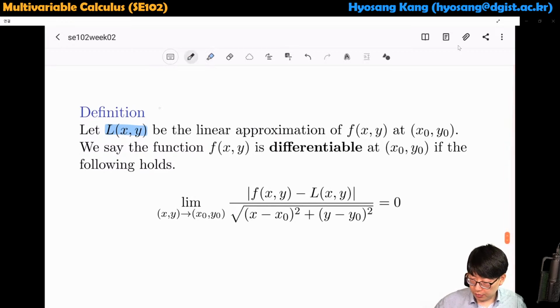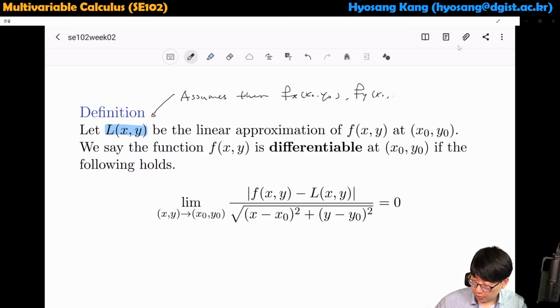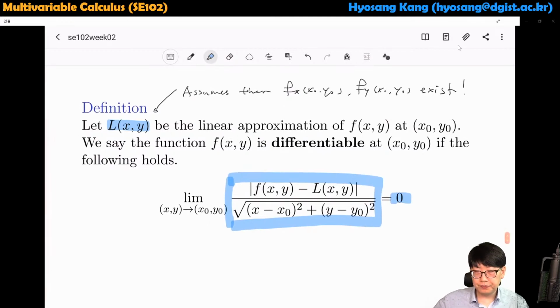It assumes that fx(x0,y0) and fy(x0,y0) exist. So having a linear approximation a priori assumes that there are partial derivatives at (x0,y0), and we say a function is differentiable at that point if the following holds: if the limit of this ratio becomes 0.